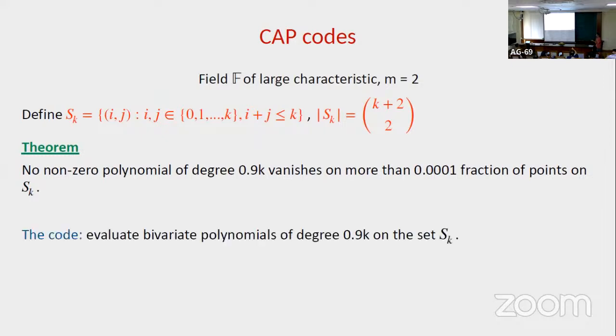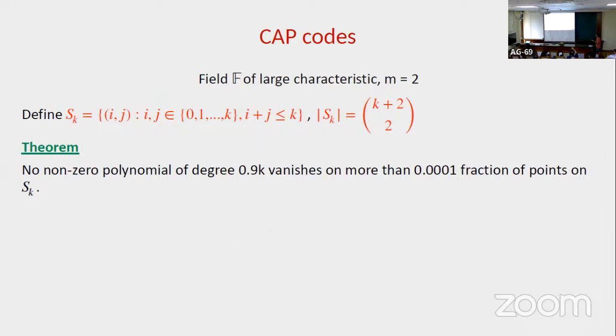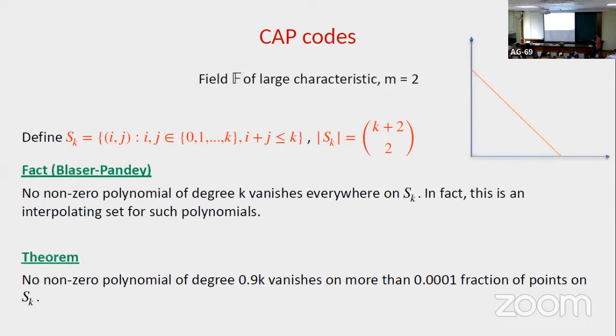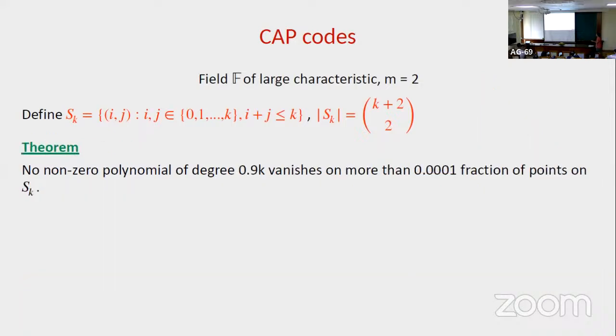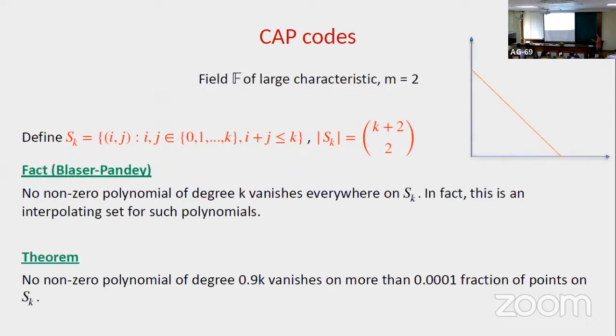What you said, Mrinal, no non-zero polynomial vanishes on more than a very small fraction. This is correct. That's what you said. You said 10 to the minus 3. No, this is what I mean. A constant fraction of non-zeros, some tiny constant, but a constant fraction. The distance is 1 minus... The distance is actually... Okay, wait, now I'm confused.